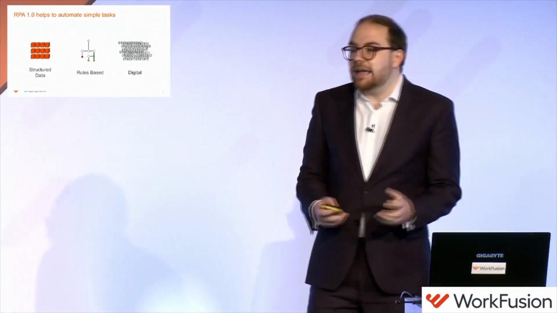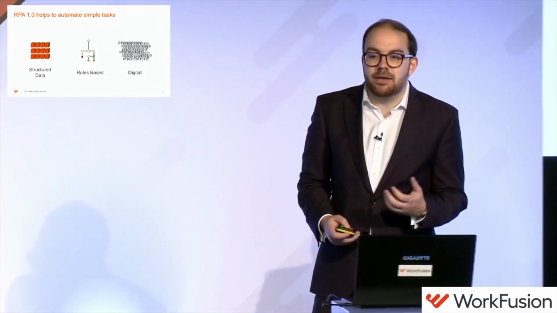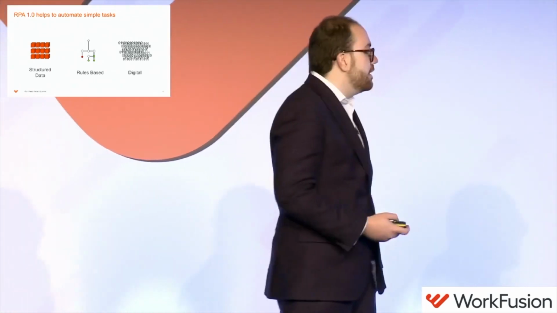So I think everybody here has some familiarity with robotic process automation. The vast majority of the room have at least done some POCs, if not started to scale. And the rules for RPA 1.0 are really quite simple. They're well known. Everybody has their template and their formulas.